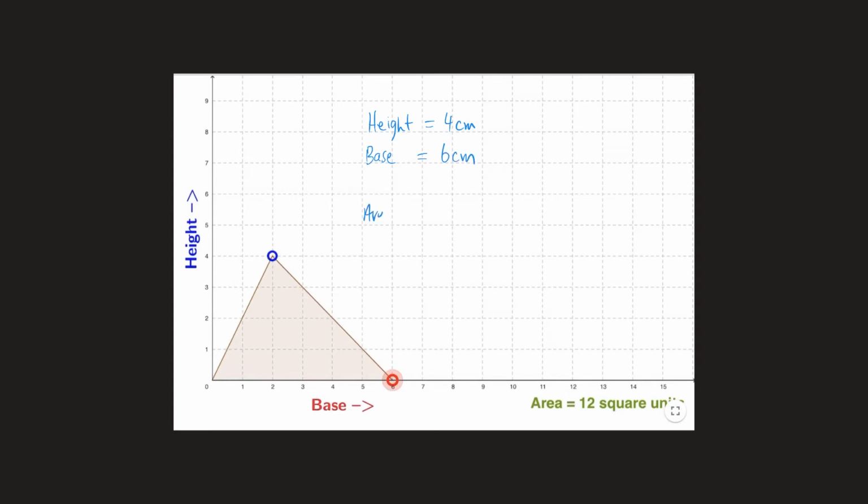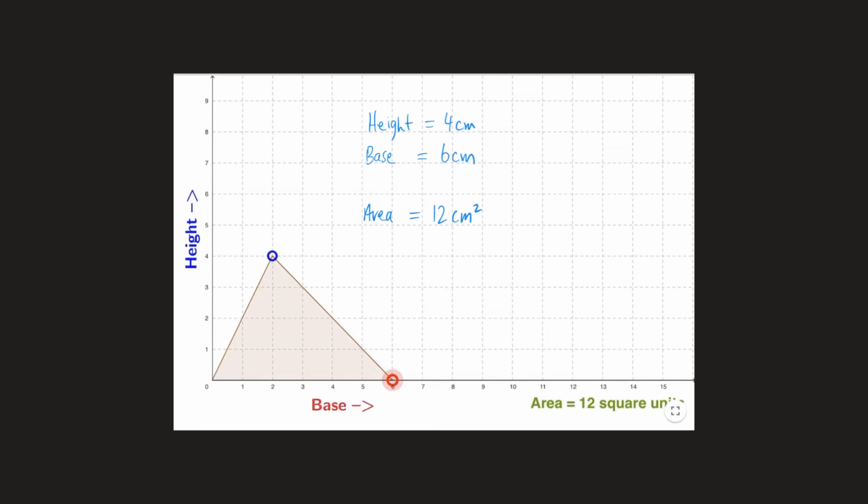And we're saying the area is equal to 12 centimeters squared. So if I just purely look at the numbers, 6 multiplied by 4, that's going to equal 24. My answer is 12. Okay, so what you can actually see is what they've done to get that answer is they've halved 6 multiplied by 4.